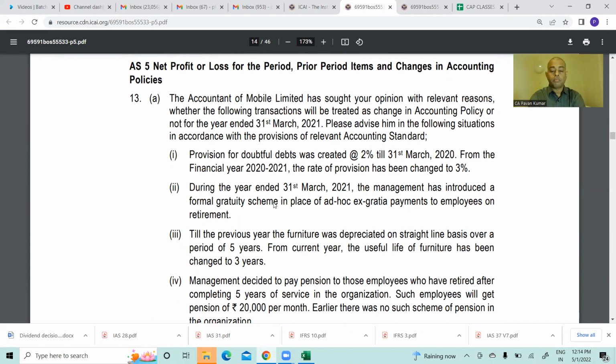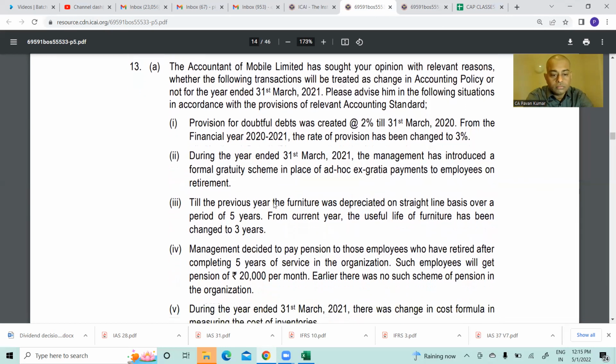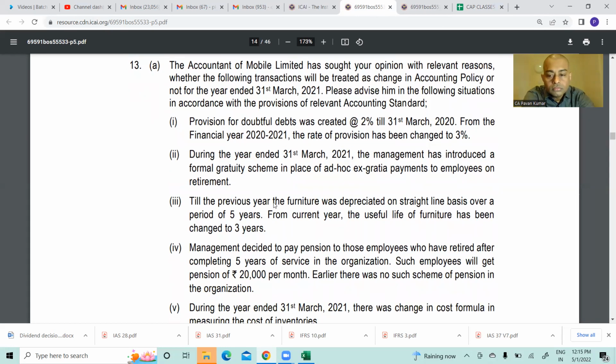Accountant of Mobile Limited has sought your opinion with relevant reasons whether the following transaction will be treated as change in accounting policy or not for the year ended 31st March 2021. Please advise him the following situation in accordance with the provisions of relevant accounting standard. Provision for doubtful debts was created at 2% till 31st March 2020.